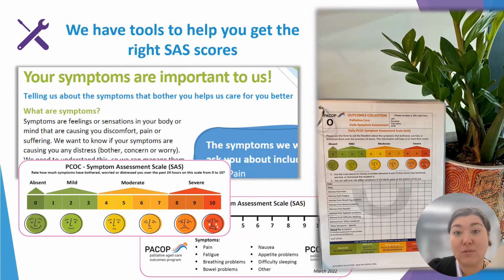So using those tools, we can sit alongside a resident and give them the opportunity to point out how distressed or how bothered they are about feeling nauseated, if in fact they are feeling nauseated.